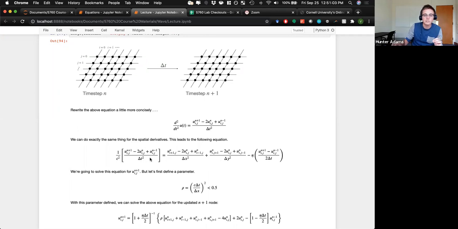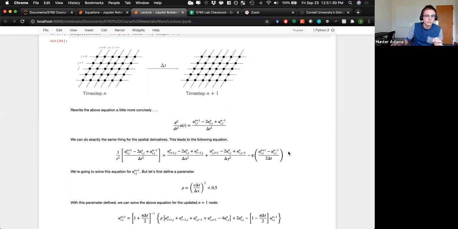The only difference is that instead of looking at differences in the time dimension, n plus 1, n, and n minus 1, we're looking at small differences in the spatial dimensions: i plus 1, i, and i minus 1, adjacent nodes in the x direction, and then j plus 1, j, and j minus 1, adjacent nodes in the y direction.